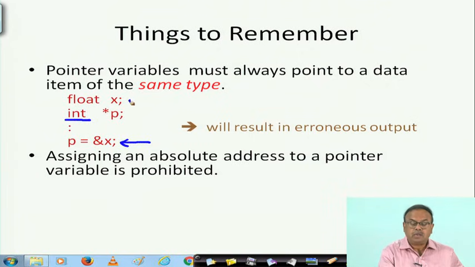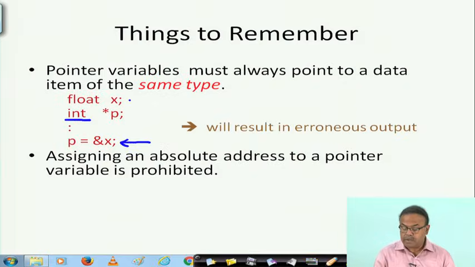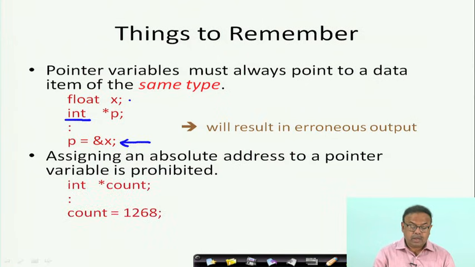That is not allowed. I am forcing p to point to x, but the type of p and the type of x are different. So, assigning an absolute address to a pointer is prohibited. You cannot do this. Okay? You cannot force a pointer to a constant value, that you must keep in mind.